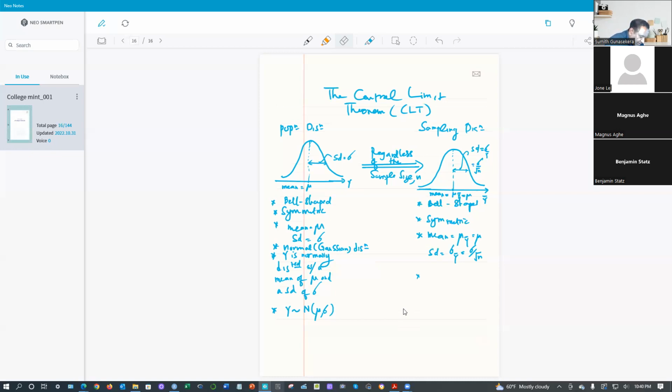And normal, which means Gaussian, the Gaussian distribution.